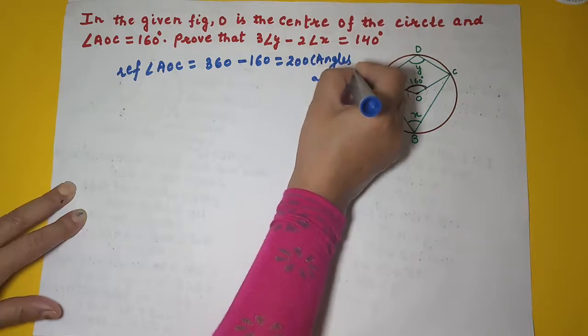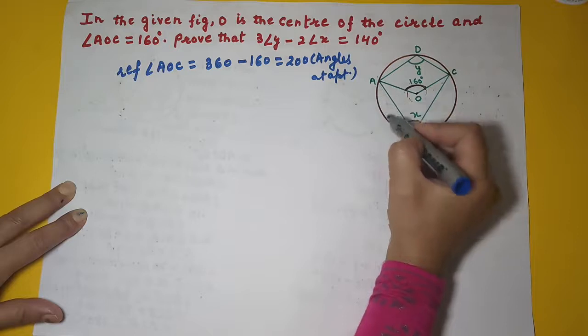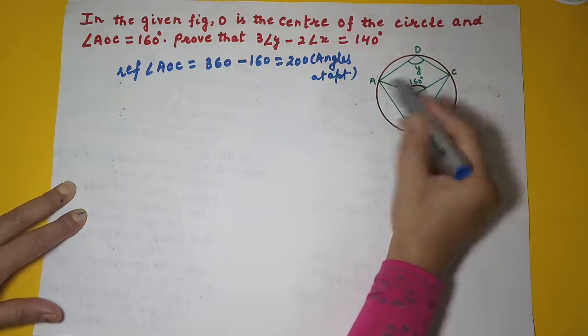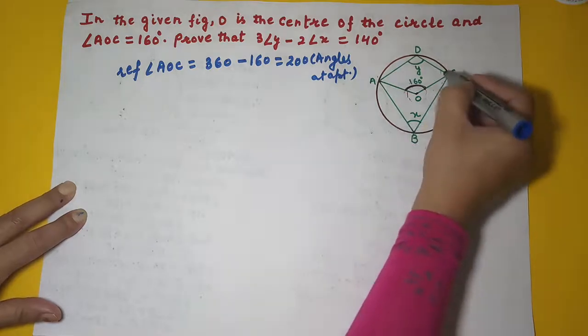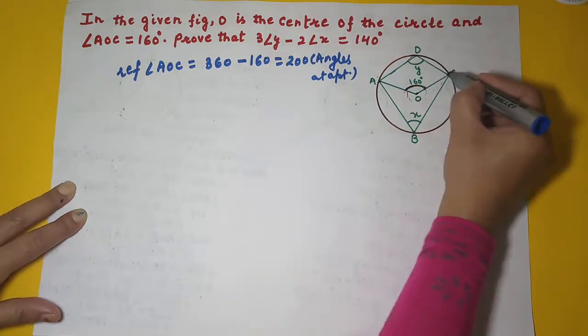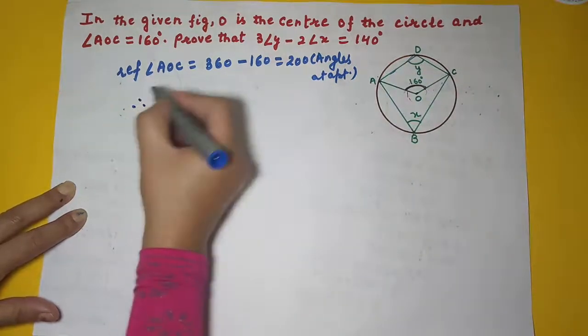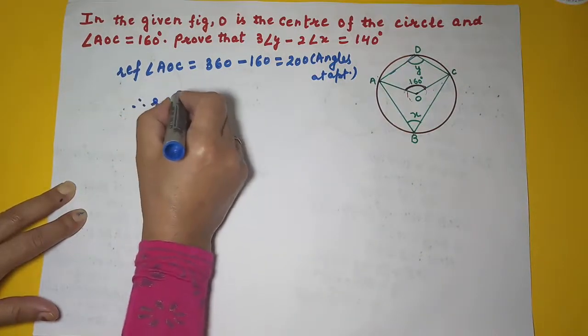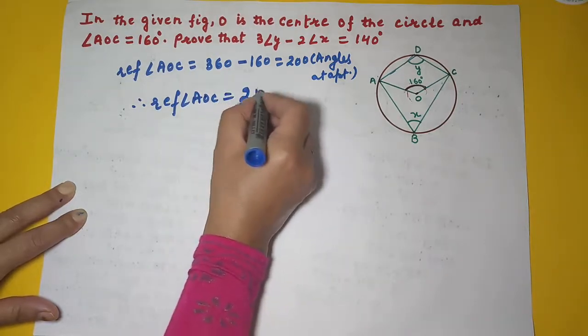That is the reason for this. Now, which arc is subtending this angle at the center? Major arc AC. Major arc AC also subtends angle ADC at the circumference, which is angle y. Therefore, reflex angle AOC is equal to 2 times y.